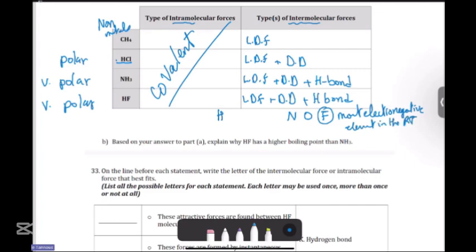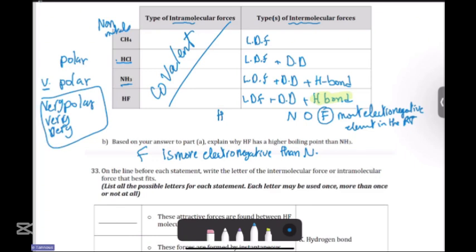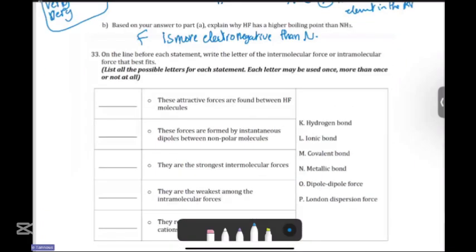So if I want to compare polarity, this is very polar, but this is the highest polarity ever. So that's why the hydrogen bonds here are stronger than the hydrogen bonds there. They're both strong, but stronger because F is more electronegative than N. So it makes it very polar. So when you are writing, please mention that this is extremely polar.